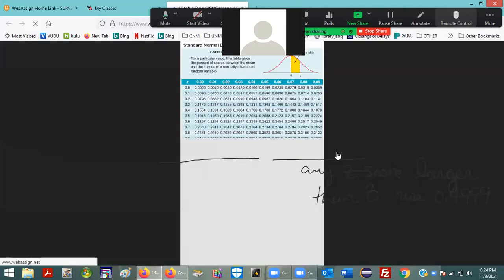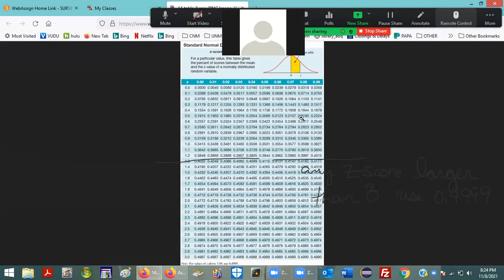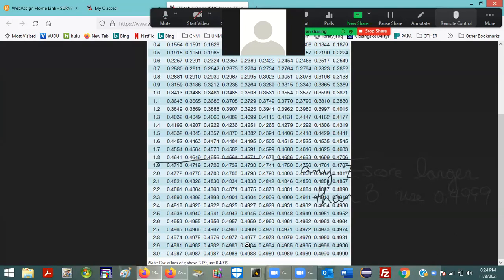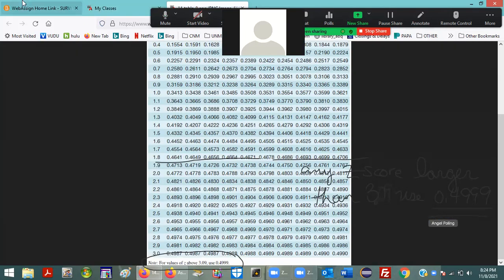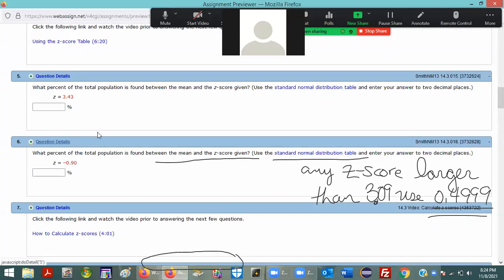So looking at our table, down here, for any value above a 3.09, use 0.4999. So that's what we'll use. And 0.4999 is 49.99%.